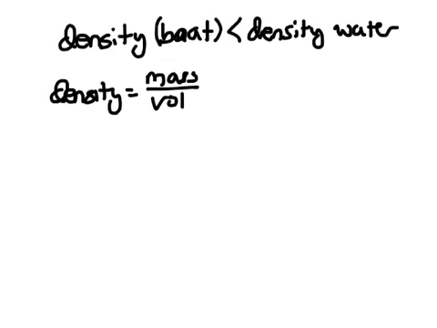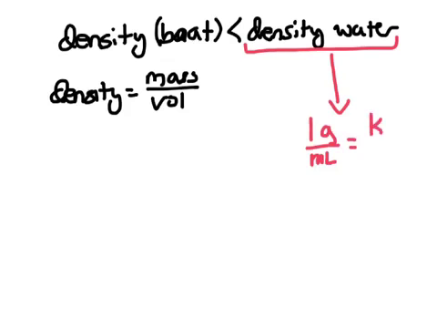The density of water, for our purposes here, since we're in a freshwater lake, is 1 gram per milliliter, which is equal to 1 kilogram per liter. Okay, so this is based on the units we're using. The 1 kilogram per liter is the density we're using for water. Okay, so we need to set our boat density to be less than the density of the water.